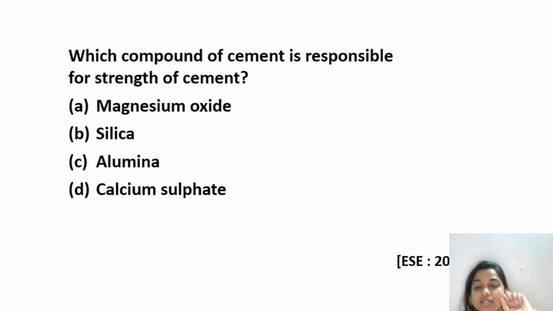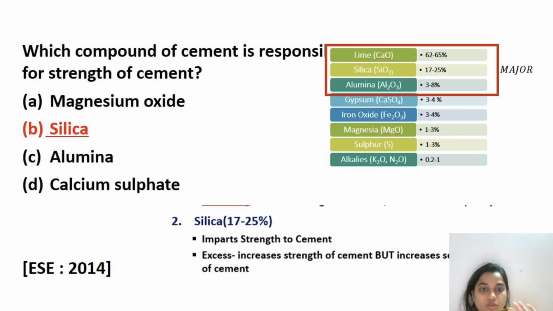But lime and silica are both responsible for strength. If the quantity of silica is in excess, it increases the strength of the cement but also increases the setting time. This question was asked in ESE Engineering Services exam 2014.